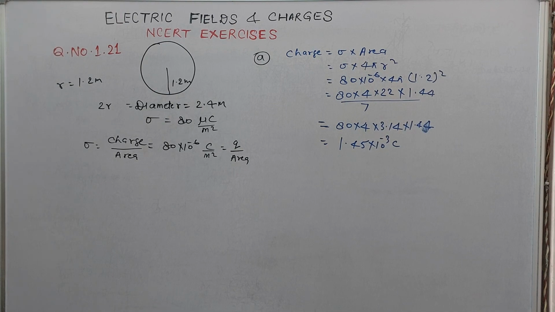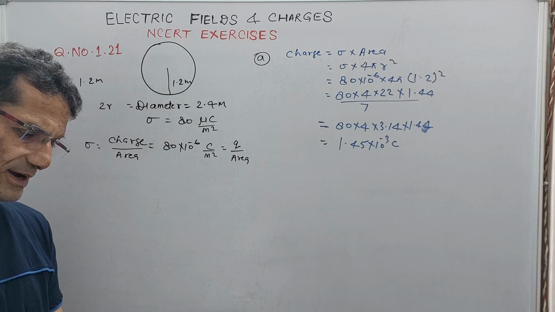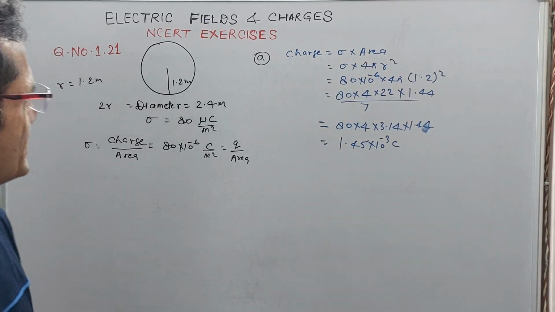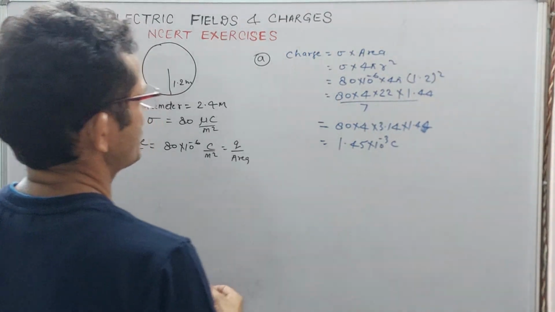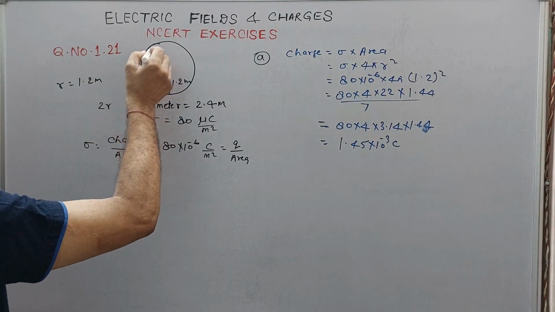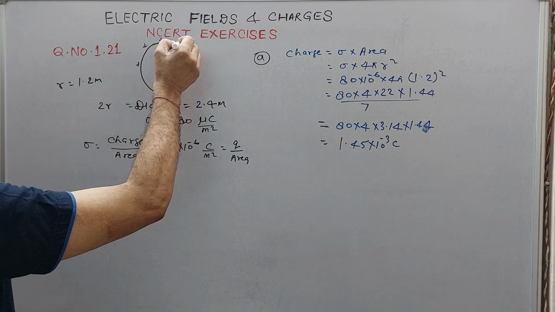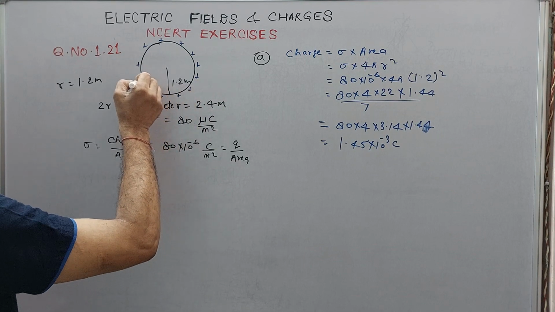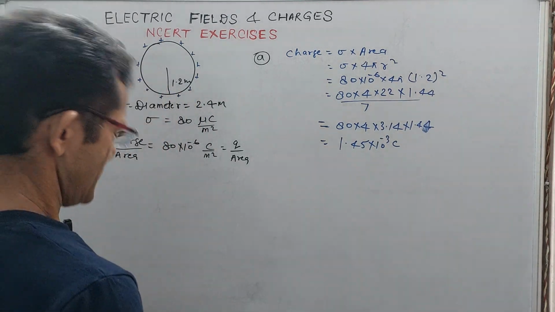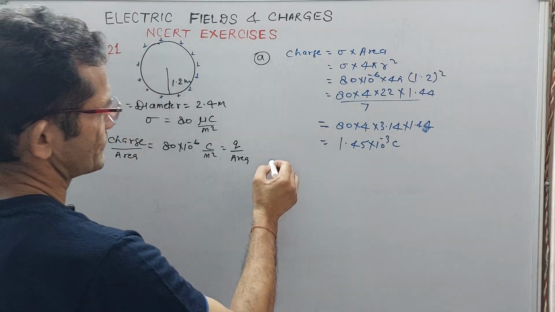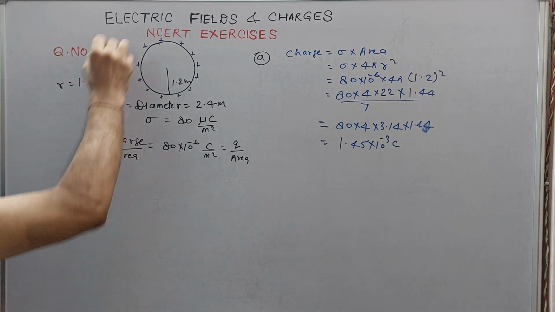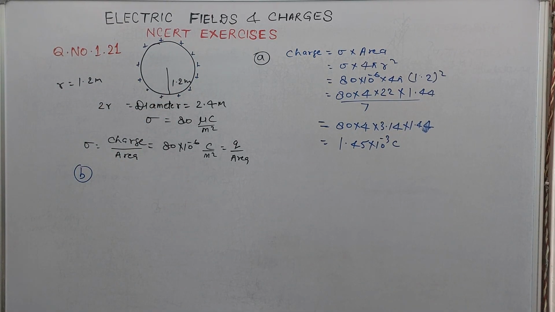Now second part, we have to find the electric flux leaving the surface of the sphere, because the charges on the sphere are positive charges on the outer surface, because this is a conductor. If it is not a conductor, then the charge will be inside of this volume. Now in the second part, we have to find the flux passing through this Gaussian surface, leaving the surface.